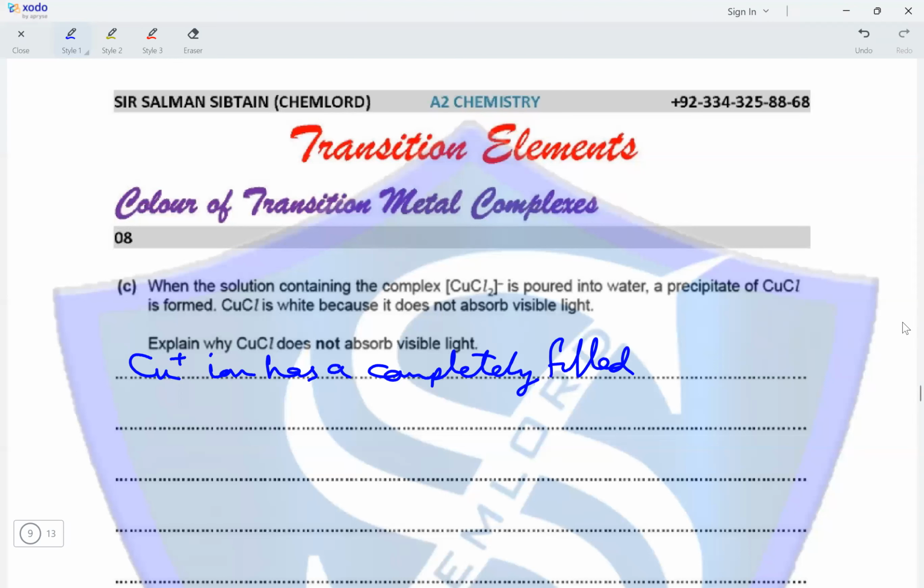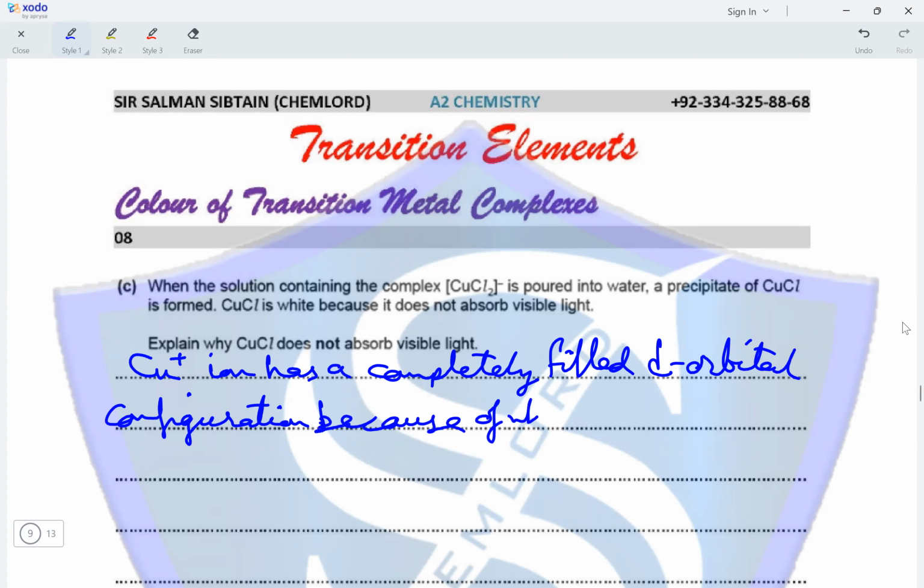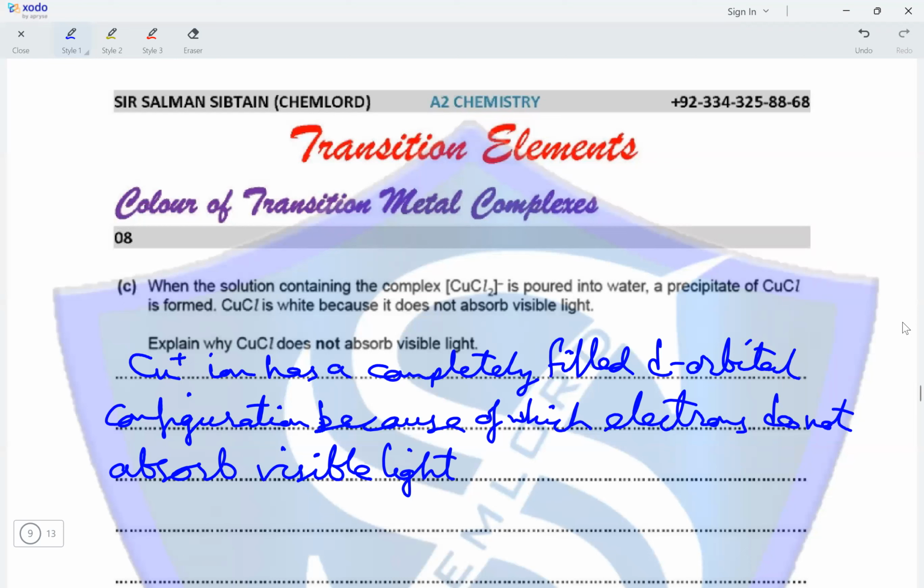filled d orbital configuration because of which electrons do not absorb visible light, hence are not promoted.